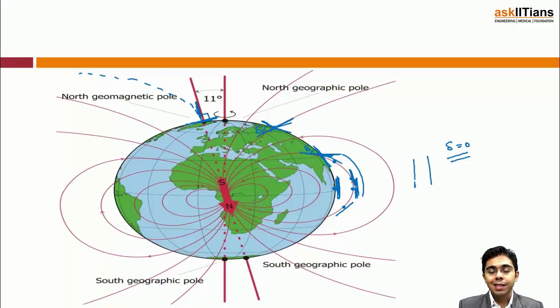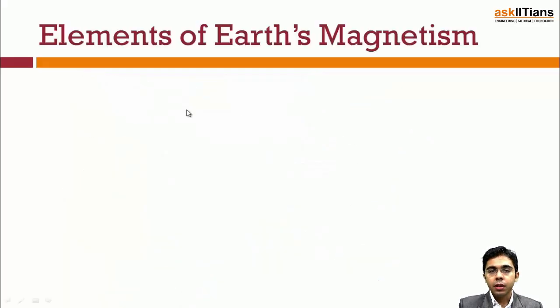So we can make a statement that at the equator only the BH component exists and BV, the vertical component, is 0. And at the poles only the BV component, the vertical component, exists. There is no horizontal component. So now let's proceed.